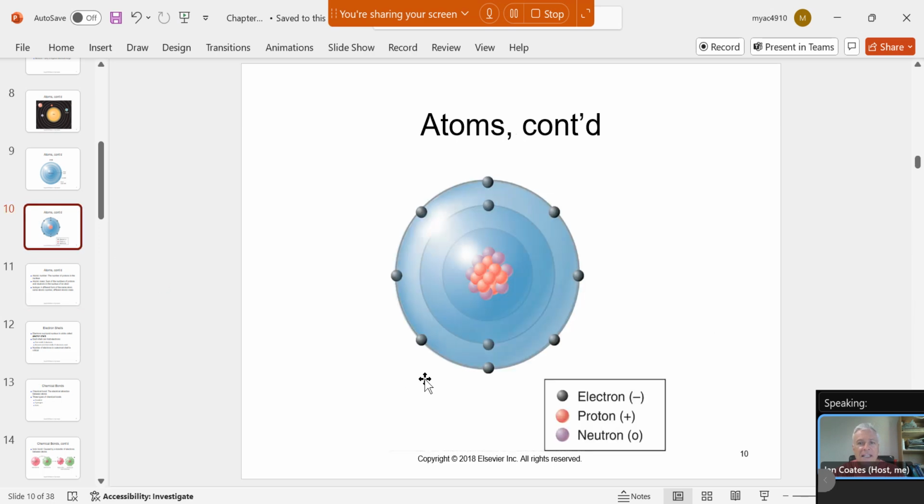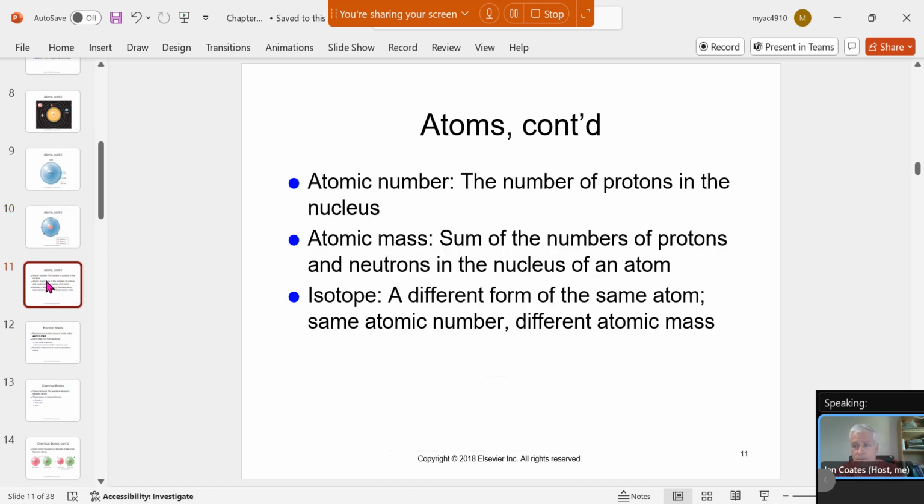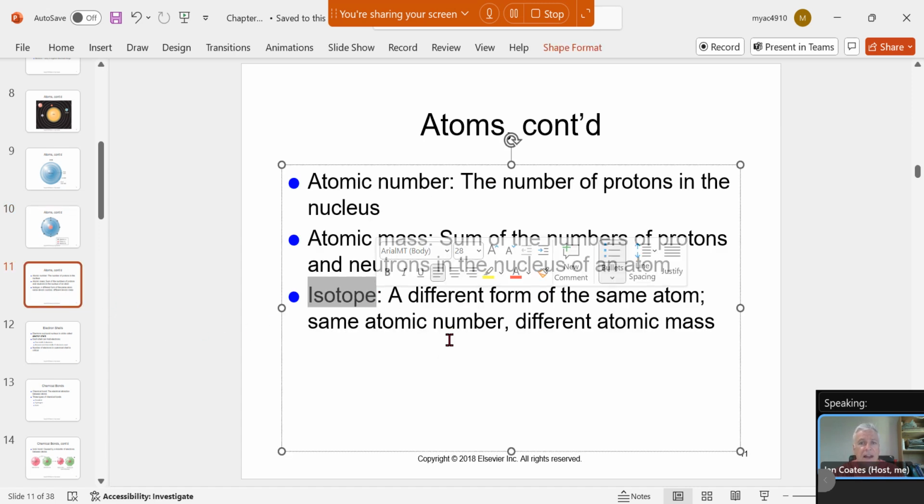So we can have an atom of a particular element, let's say iron or oxygen, where there are different kinds of atoms of the same element. While the atomic number may not change, the atomic mass will. Those neutrons can play a role, and they are the ones that can vary. So isotopes are just different forms of the same atom.